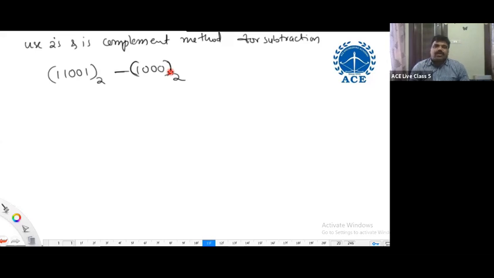Using 2's complement method or 1's complement method, we don't need to subtract to get the difference. Binary subtraction, we can say what the result is. But how we are getting that result is in a different method, 2's complement method or 1's complement method. We are using these methods for subtraction.